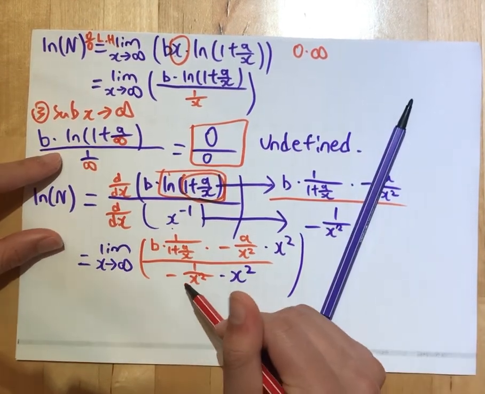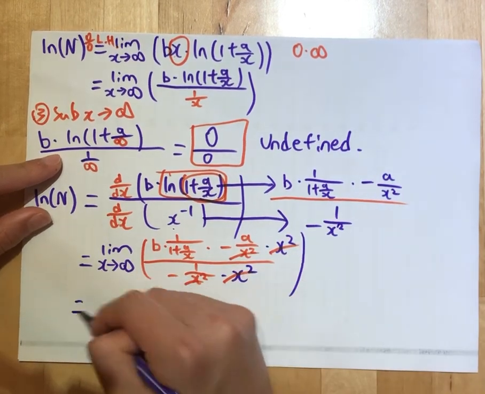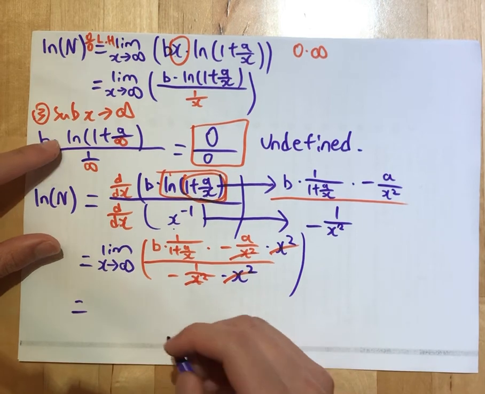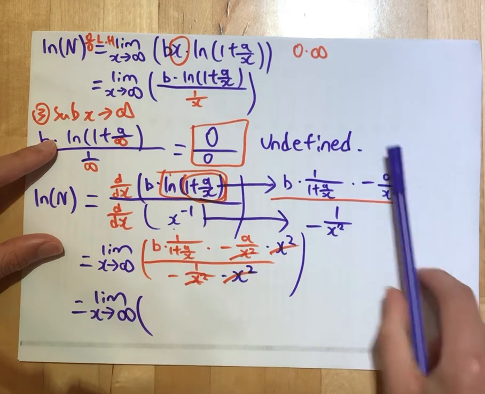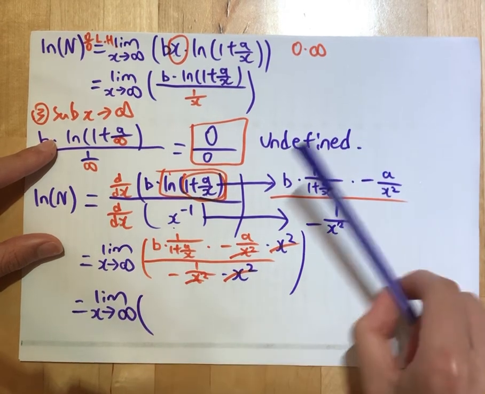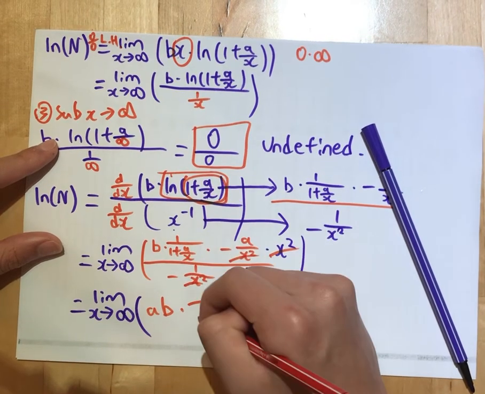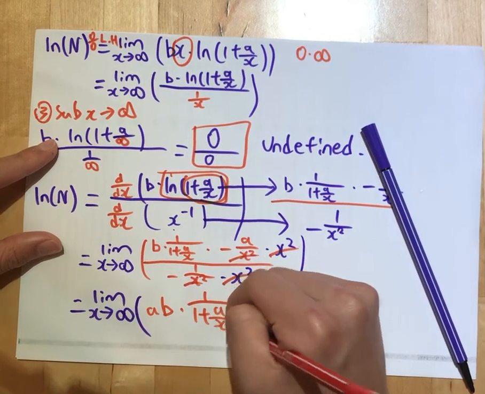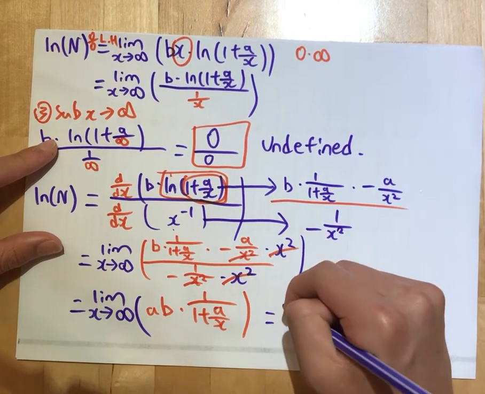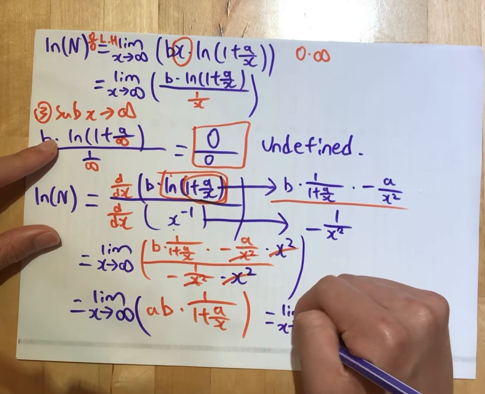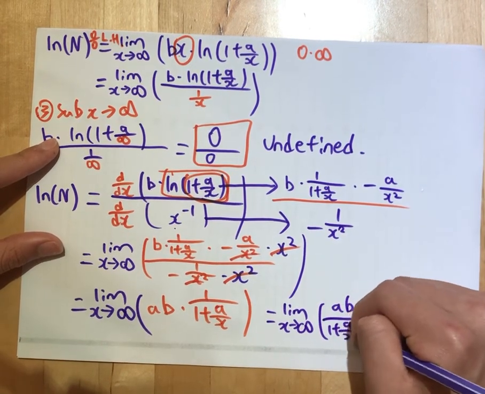So they cancel out, and the two negatives become positive, so that our problem is now much easier. We are just left with ab multiplied by 1 over (1 plus a over x), which is the same as ab over (1 plus a over x).